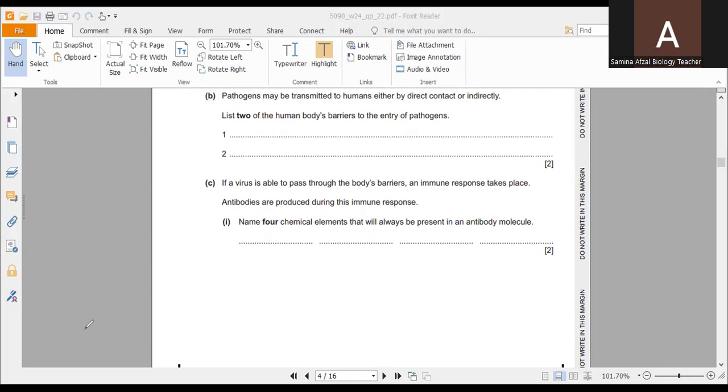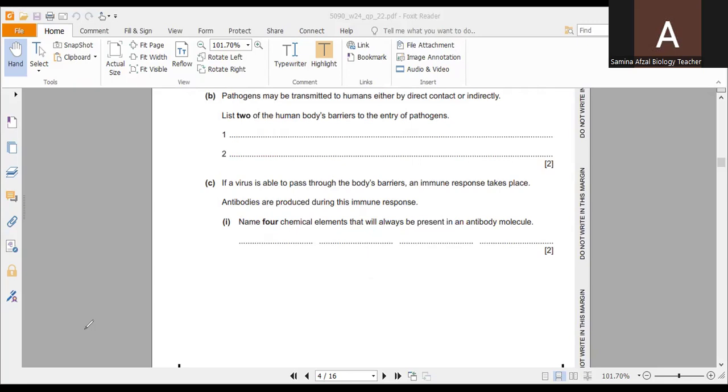In this way they have many ways to enter into the body, and when they enter, they cause different types of diseases. So there are some natural barriers in the body which try to stop them, which try to make their entry not possible.